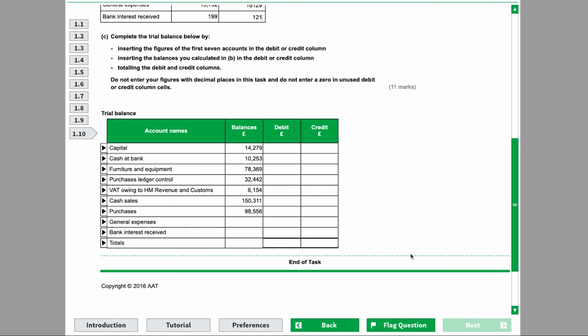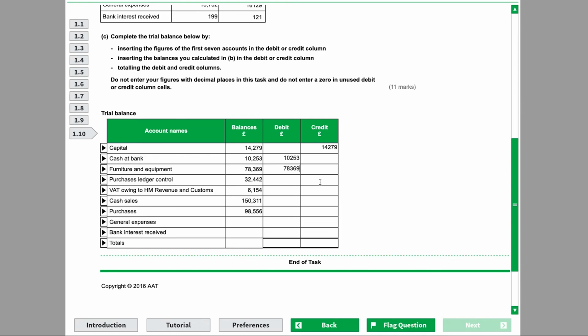Right then, let's go through each of these then. So capital is money owed to the owners of the business and therefore a credit. Cash at the bank is an asset, so therefore a debit. Furniture and equipment is also an asset, again a debit.